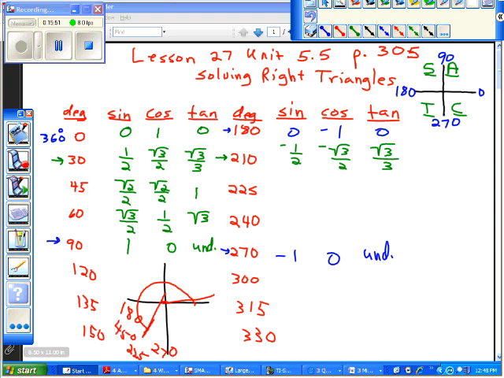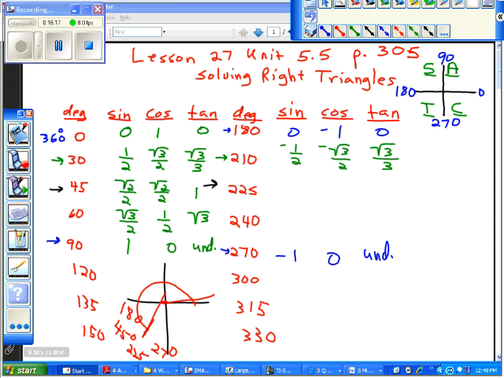That's 45 degrees past 180. 225 is 45 past 180. So my reference angle for 225 is 45. I kind of lined those up on purpose. I don't know if you did or not.